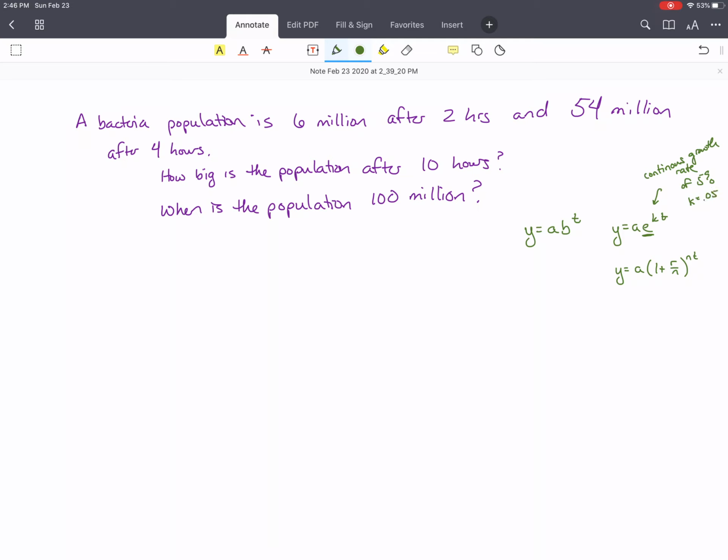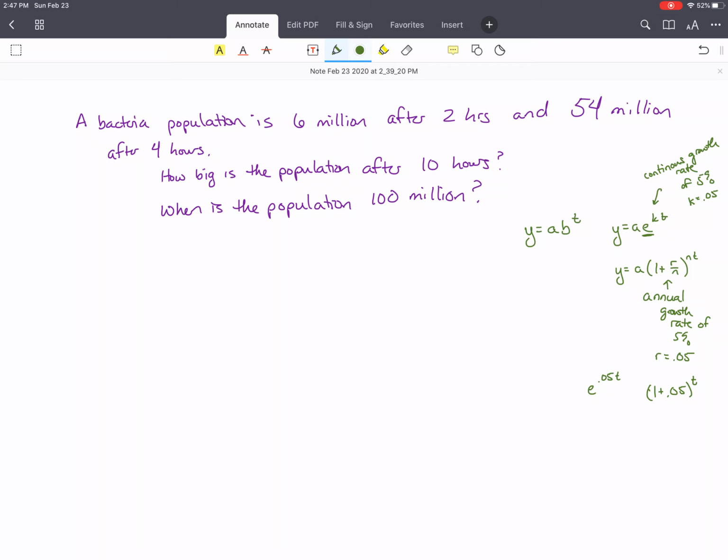But if you have an annual growth rate of 5%, they're saying you're going to compound it once per year, so n is 1, and r is 0.05. So the continuous growth rate would look like e to the 0.05t. The annual growth rate would look like 1 plus 0.05 to the t. And that's just some terminology that's used with exponential models.